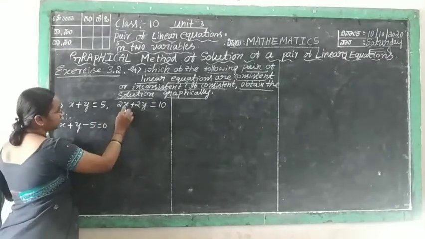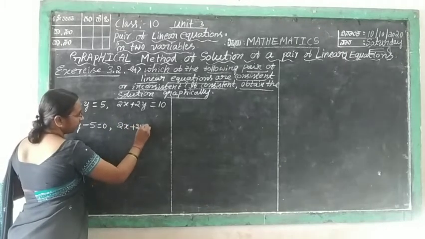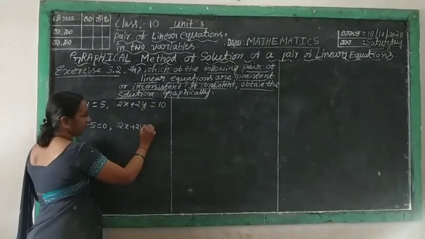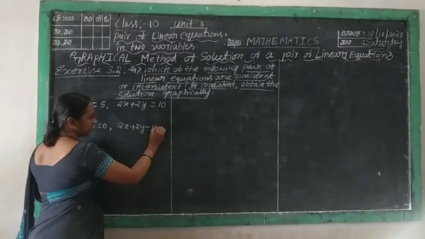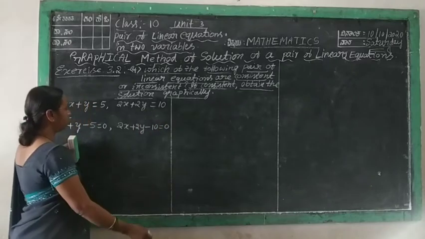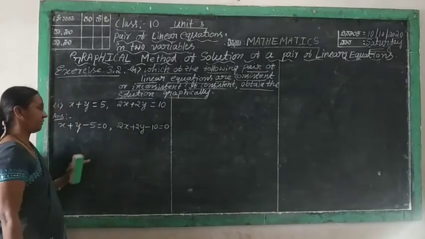Then the second equation is 2x plus 2y equals 10. We take 10 to the LHS, and plus changes into minus: 2x plus 2y minus 10 is equal to 0. We change the equations into the general form of linear equations.